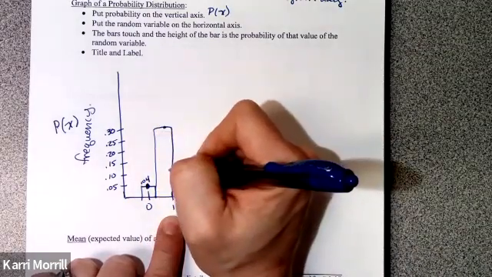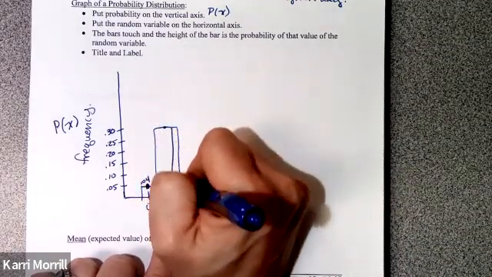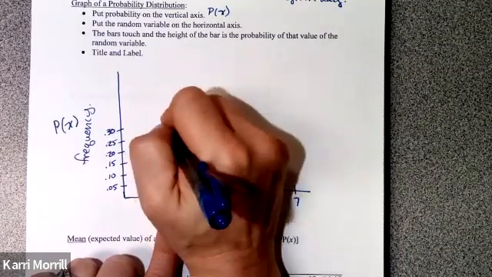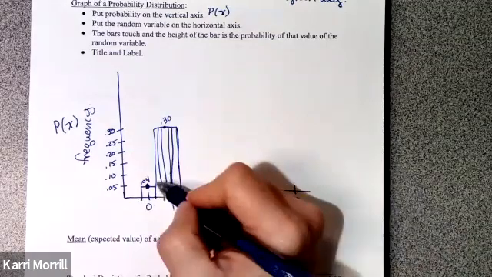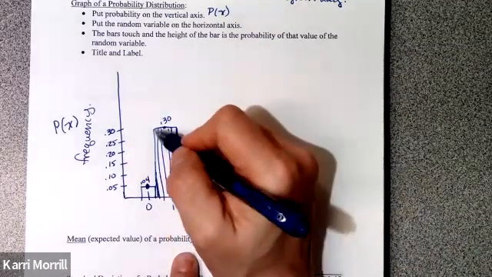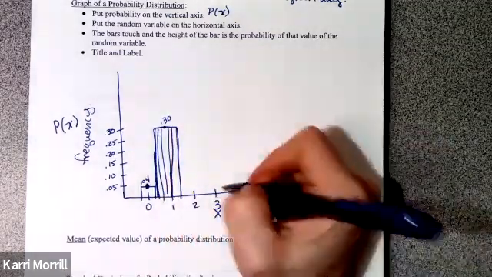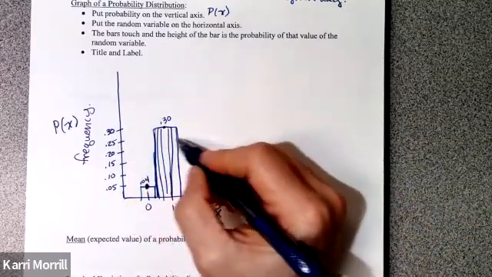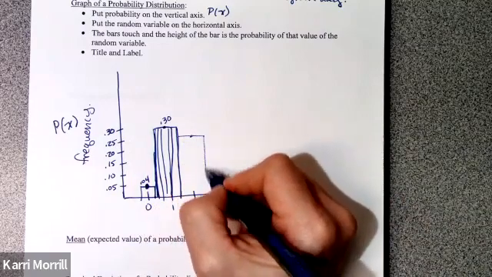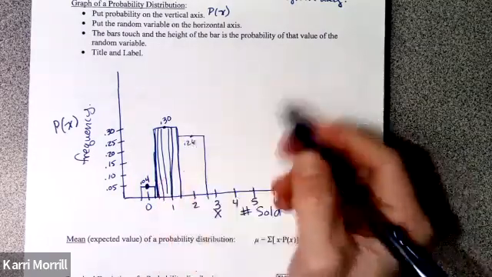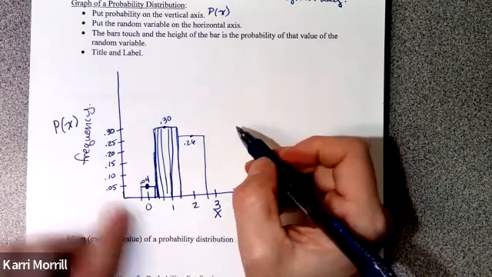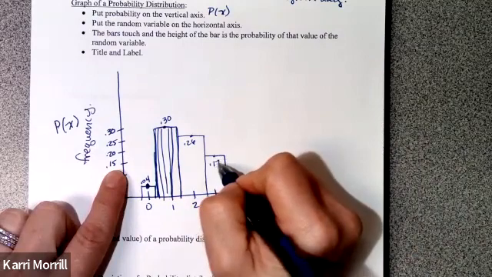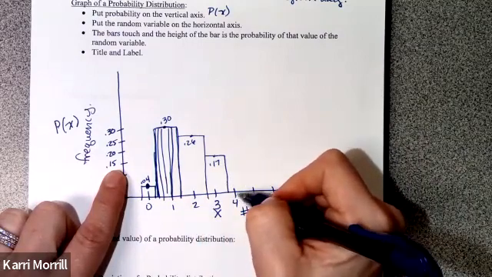I don't know why I did it quite like that. Doesn't really matter. Let's pretend it's just a fat bar. My graphing skills are not beautiful today. 2 is 0.26. That's going to be above 0.25. 3 was 0.17. So that's going to be somewhere right here. 4, 0.12.